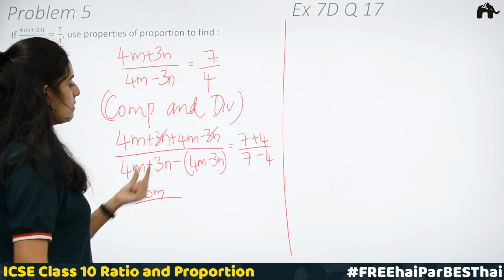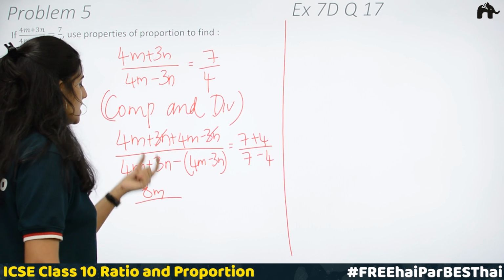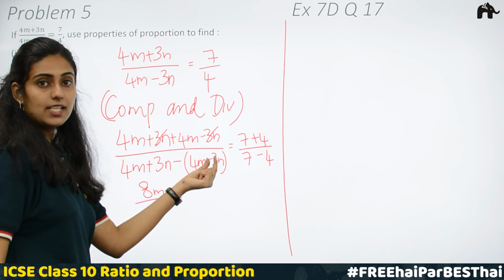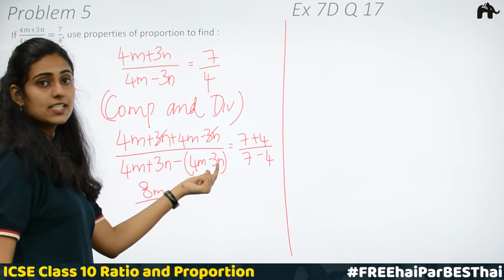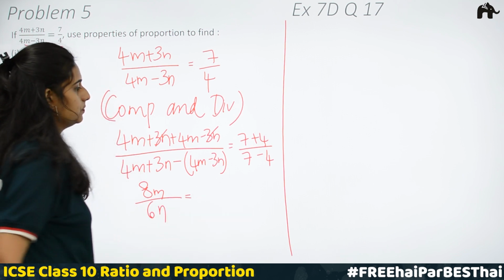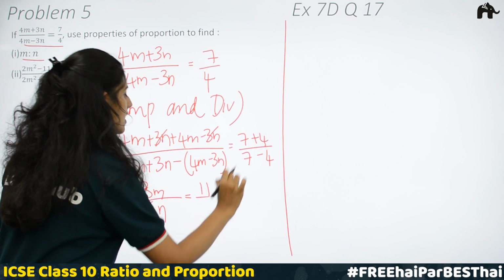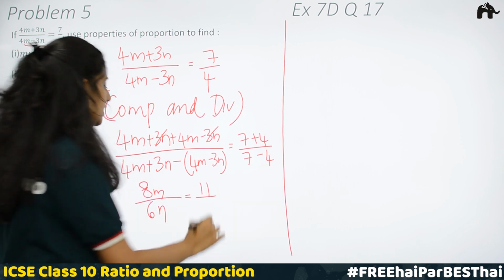Divided by 4m, here when you remove this bracket you get minus 4m. They can be cancelled. 3n, minus of minus is plus, 3n plus 3n, 6n. 6n is equal to 7 plus 4 is 11. 7 minus 4 is 3.